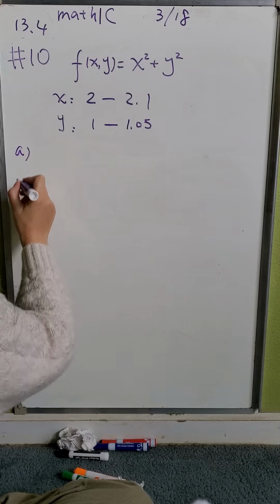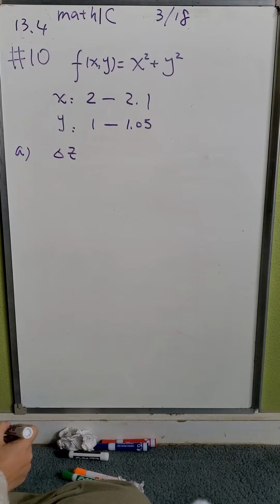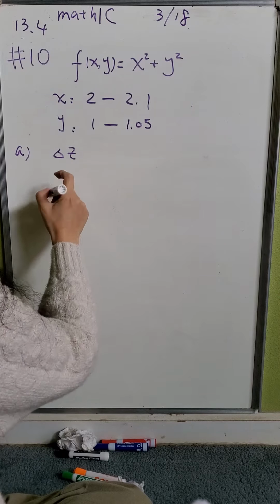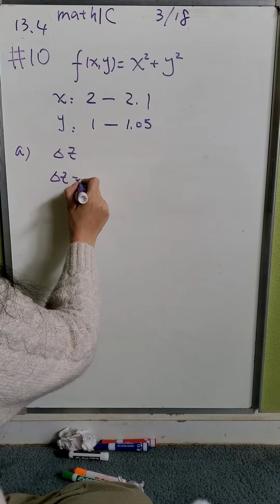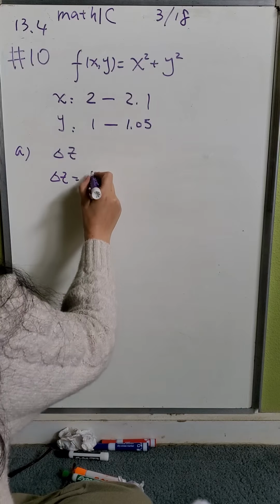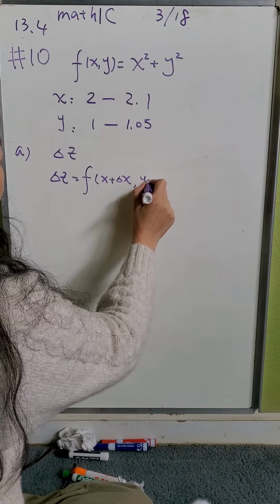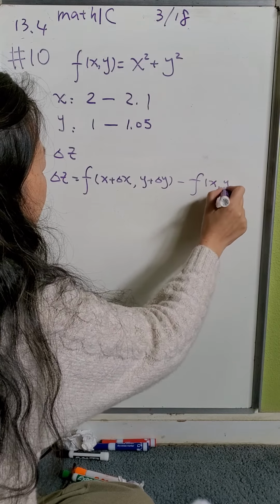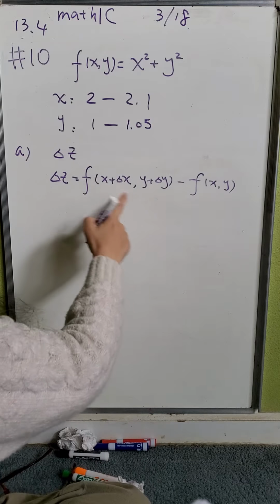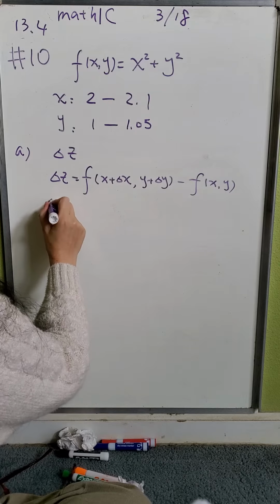First one, they want to find delta z, okay? And by the formula we have earlier, delta z is equal to f(x plus delta x, y plus delta y), and then subtract f(x, y). So now we're going to get one at a time. So let's get this one first.